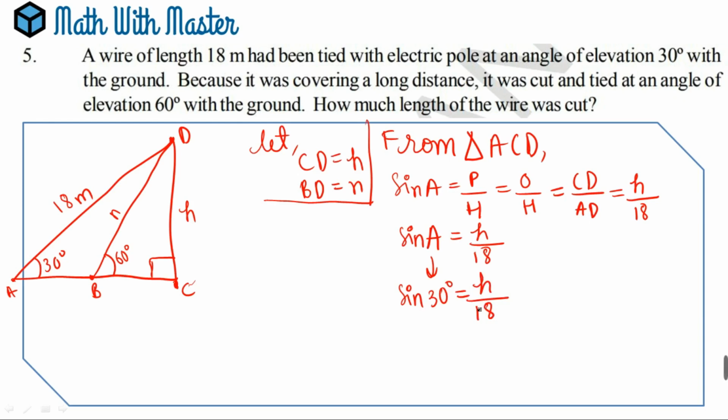Why I have put sine A as sine 30 degrees is that when sine A is equal to sine 30 degrees, then angle A must be equal to 30 degrees. So sine 30 degrees is equal to H upon 18. So root 3 by 2 is equal to H by 18.